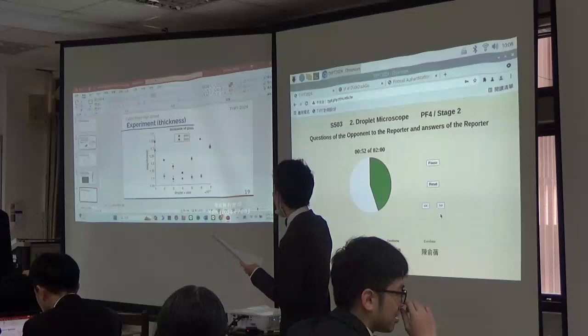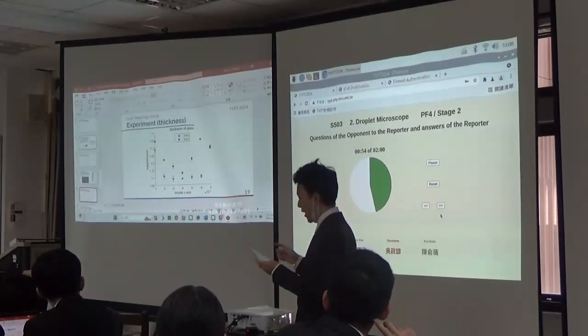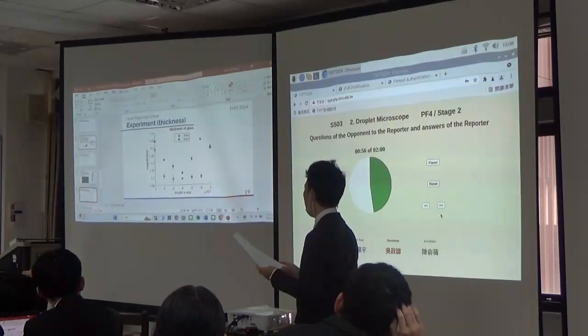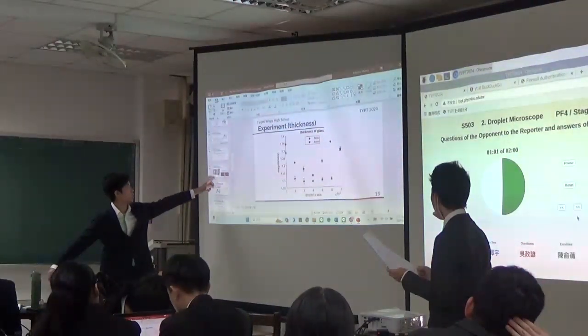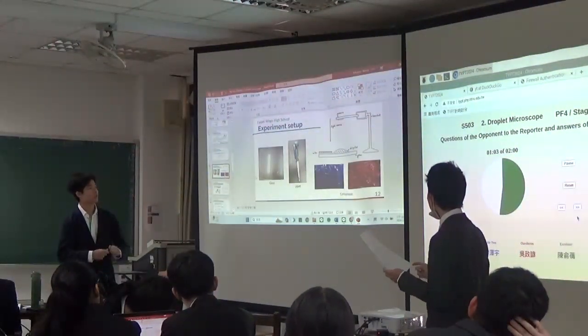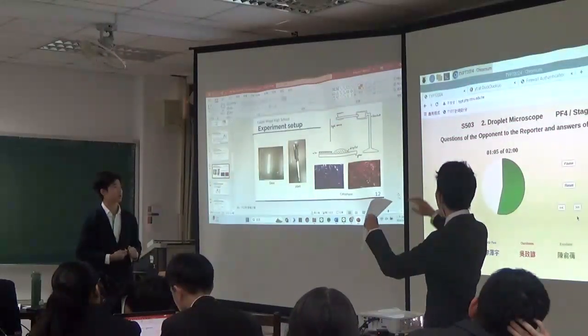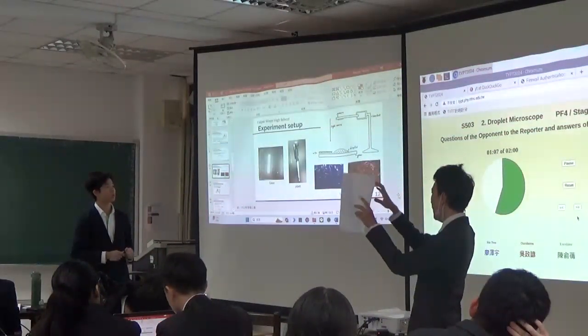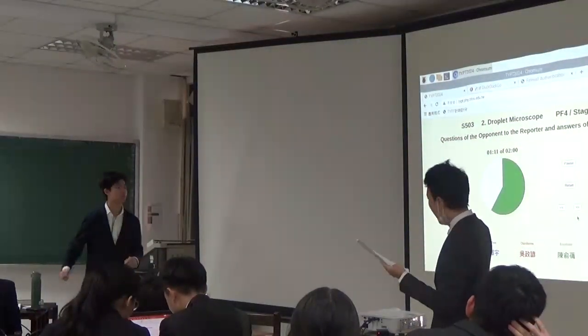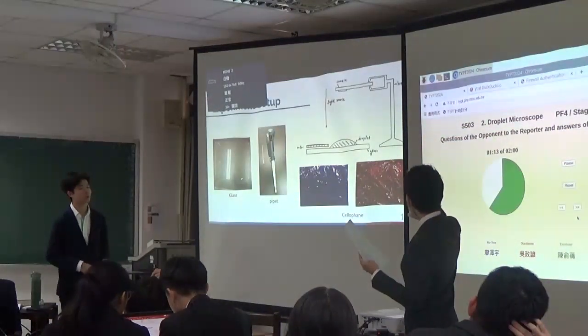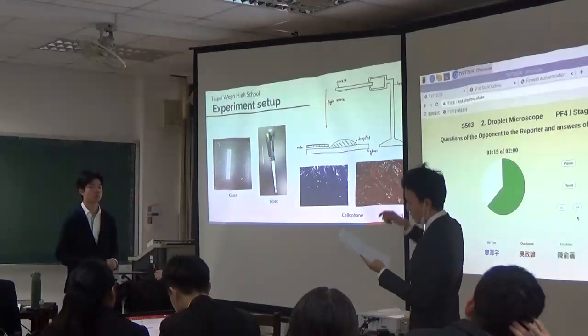Yeah. Okay, then do you have a picture of your whole setup? So you don't have a picture of when you set the whole thing together. Okay. And for the camera you used, is that a phone? Yeah, it's a phone. Okay, thank you.